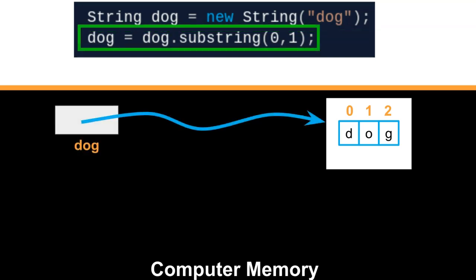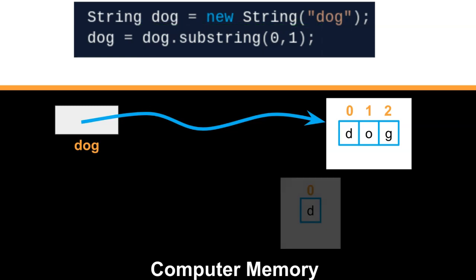Then this line executes. Remember, you should always evaluate the expression on the right of an equal sign first. This substring method creates a brand new string object containing the characters from index 0 up to but not including index 1. Then the substring method returns the address of that new object.